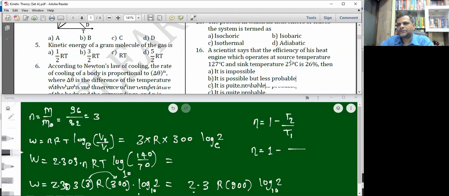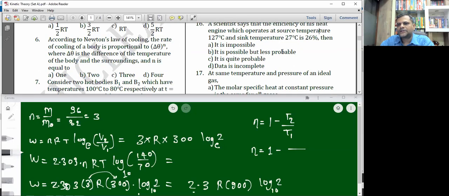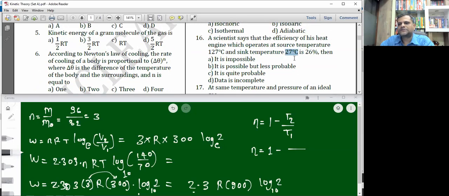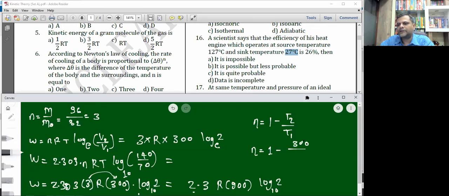So if you just replace them here, then eta becomes equal to 1 minus T2 upon T1. How much is T2 here? See, it is 27 degrees Celsius, which can be written as 300 in Kelvin, and 127 degrees Celsius is going to be 400 Kelvin. So the zeros cancel.